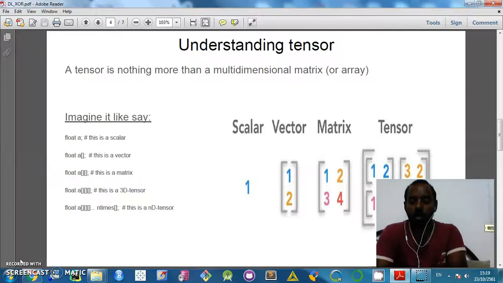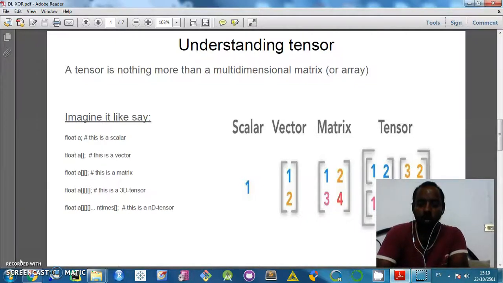Next I would like you to understand what this tensor is all about. A tensor is nothing but a multidimensional matrix or array. Take the example on the left hand side. When we write a float variable a, this becomes a scalar.